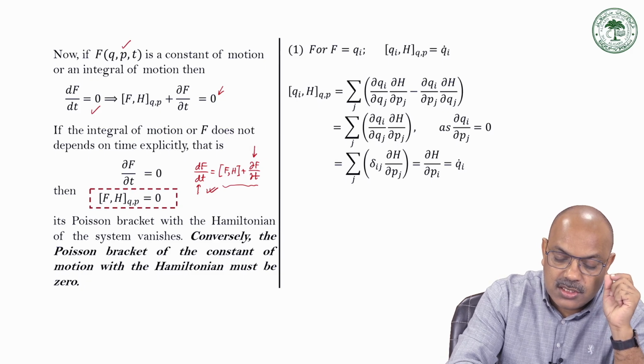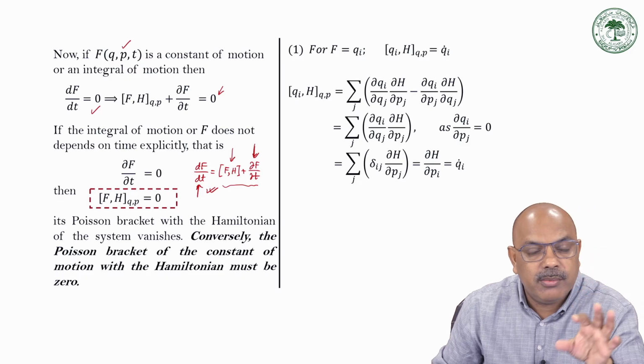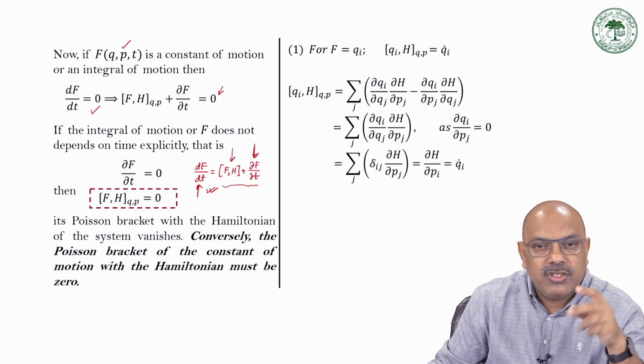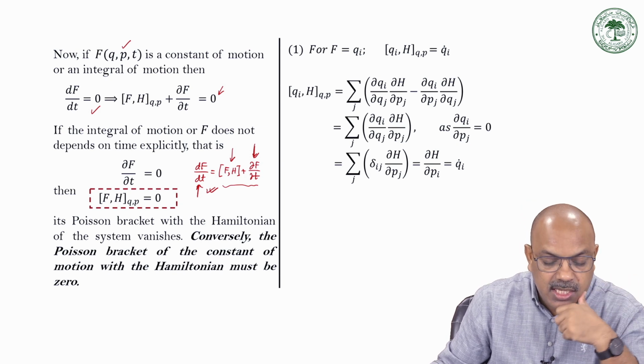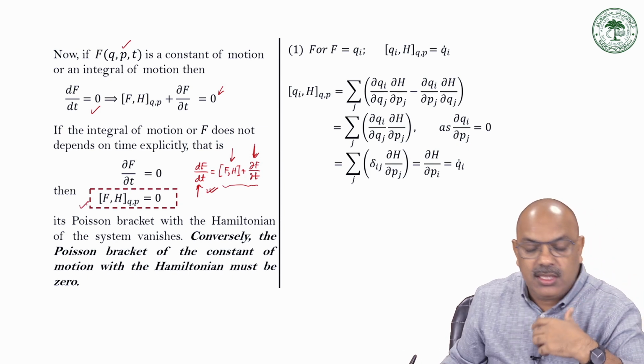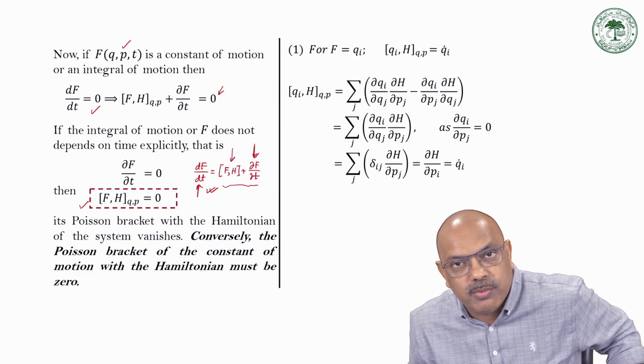So what I get is that the Poisson bracket of that function, which is a constant of motion and does not depend explicitly on time, with the Hamiltonian of the system is going to be 0.